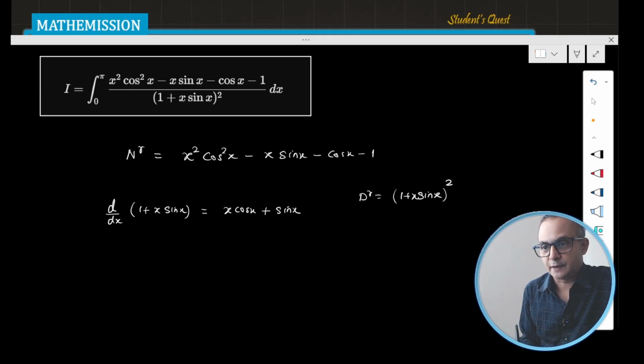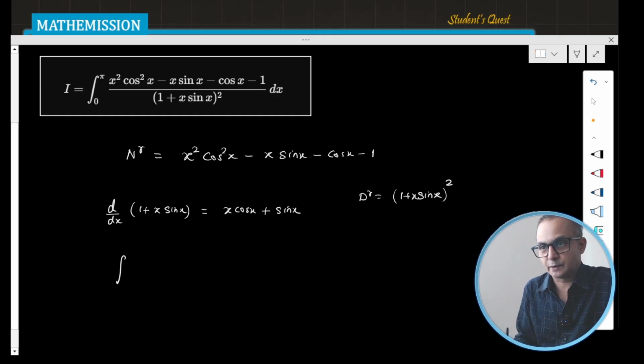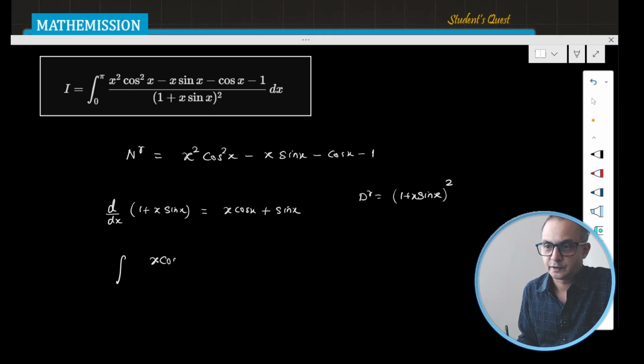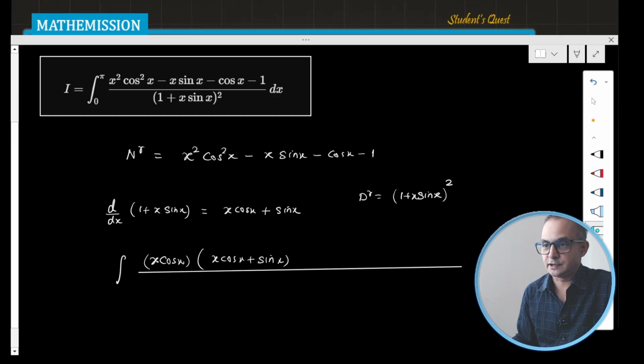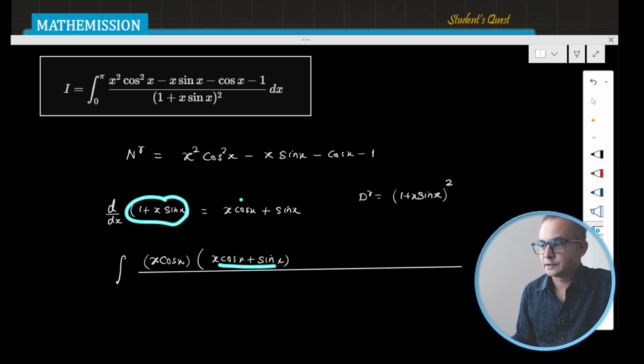So see here, I'm dropping this idea of the integration with limit. What I'm going to do, I'm writing this x squared cos square x as x cos x, and then multiplying this with x cos x plus sin x. In that way, I just created the derivative of 1 plus x sin x, it is over here. But in the process, I just added an extra term.